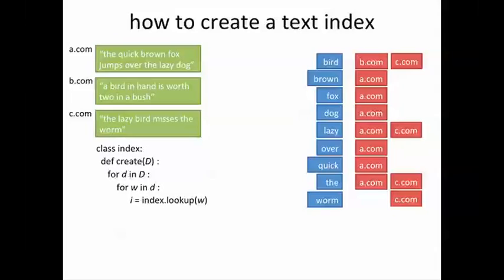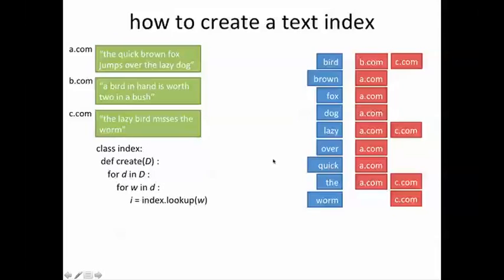For example, if we're looking at the word quick, then it will return i equal to 0, 1, 2, 3, 4, 5, 6, so that we can directly access this particular part of the index structure.